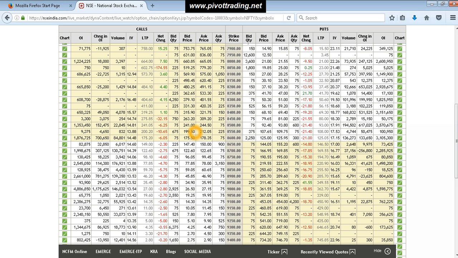Currently Nifty is at 8600. I am looking at Nifty at 8900. So my current strike price is 8600. This is the call. I will look at the call, because I am bullish.